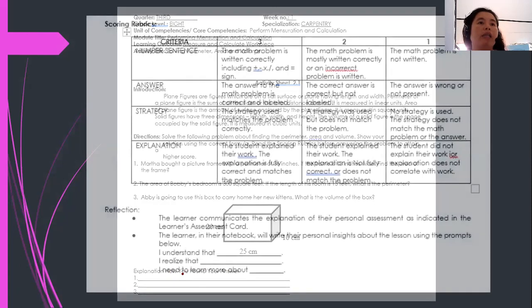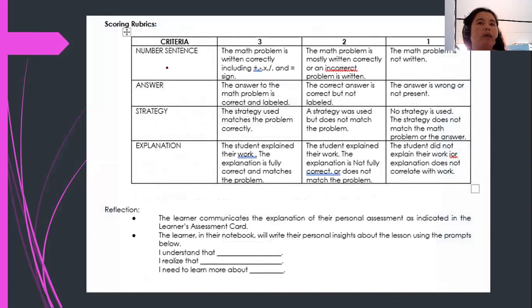And then for the scoring rubrics, for number sentence, 3 points, the math problem is written correctly, including the plus, minus, times, divide, and equal sign. 2 points, the math problem is mostly written correctly or an incorrect problem is written. 1 point, the math problem is not written.